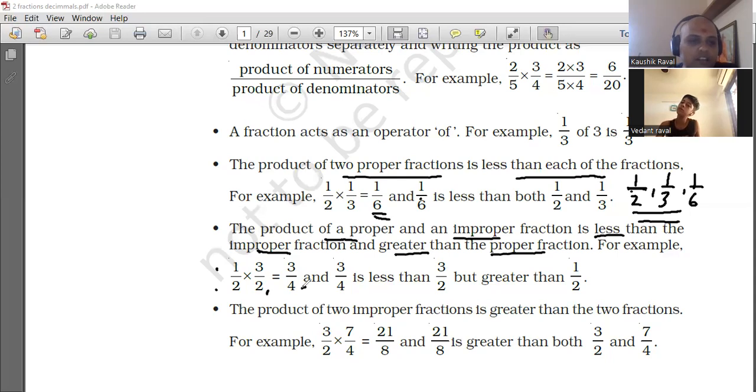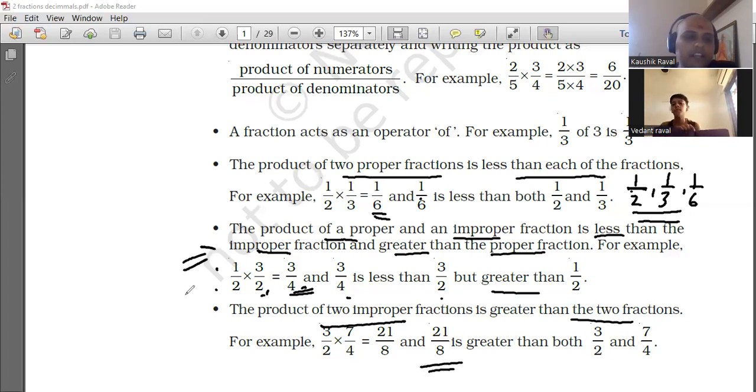The product is a proper fraction, but it is less than 3 by 2, which is an improper fraction, and it is greater than 1 by 2, which is a proper fraction. And the product of two improper fractions is greater than both fractions. You get it? You have to memorize this, and you will need to apply this in actual examples.